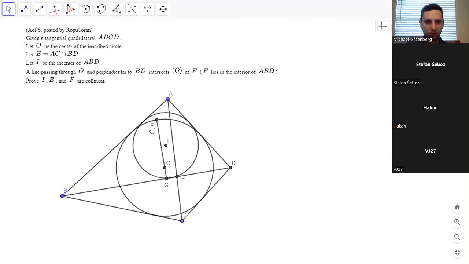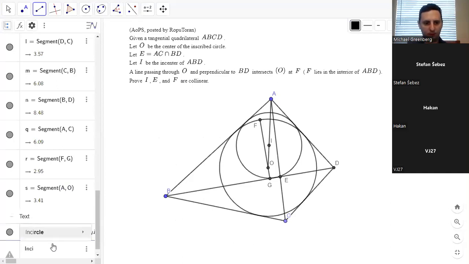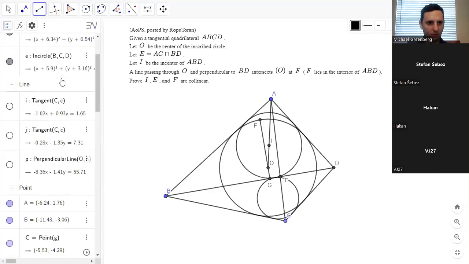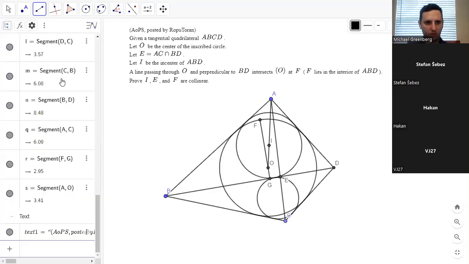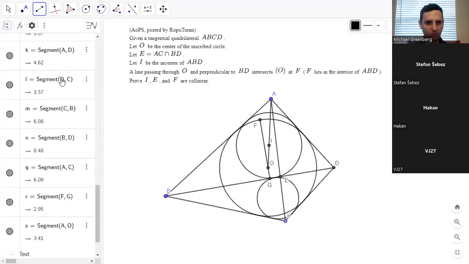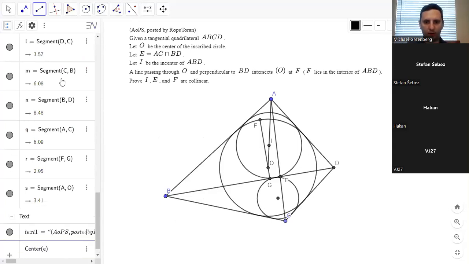I'm pretty sure we should add the incircle of BCD. The incircle of triangle BCD. Okay. Yeah. So A, I and O are collinear. And the interesting thing is that those two incircles are tangent to each other. Okay.